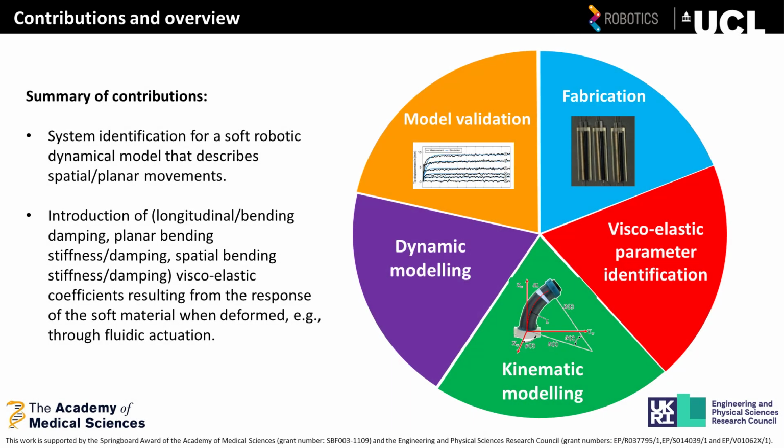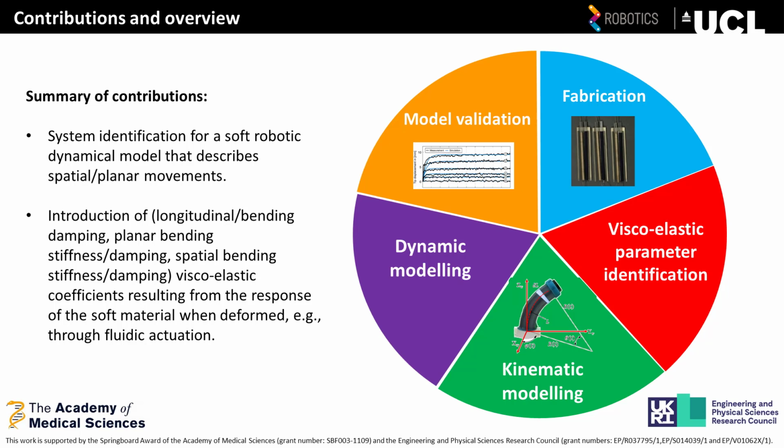The contribution of this paper lies in the system identification for a soft robotic dynamical model that describes spatial and planar movements. In particular, we introduce longitudinal damping and stiffness, planar bending damping and stiffness, spatial bending damping and stiffness.